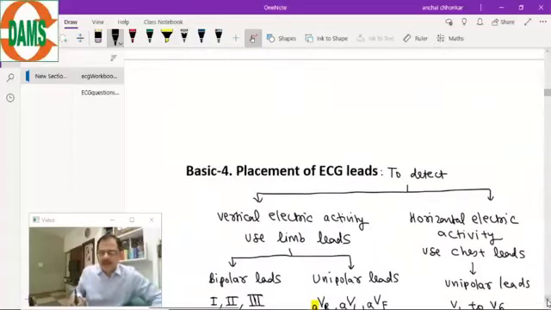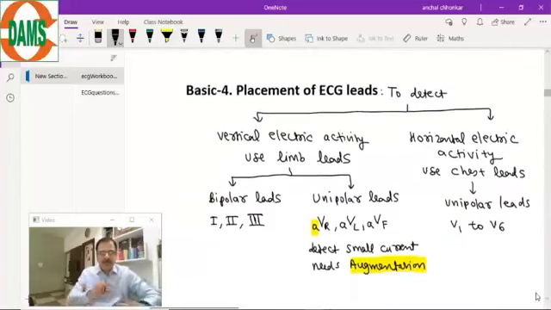Then this is just the nomenclature. I have not explained anything, I have just given you the nomenclature, which is the placement of the ECG leads.